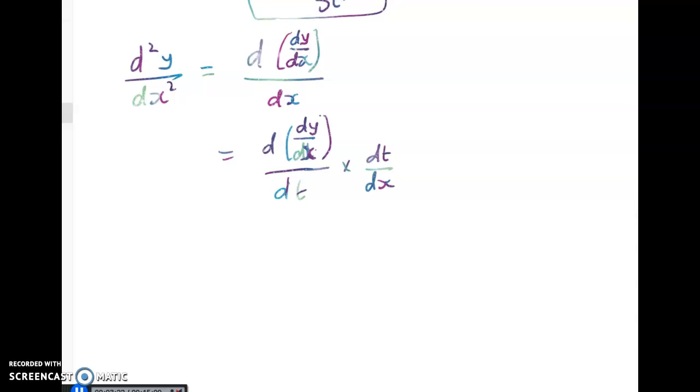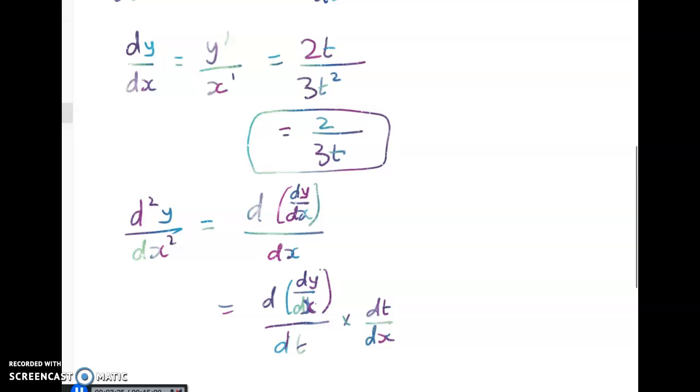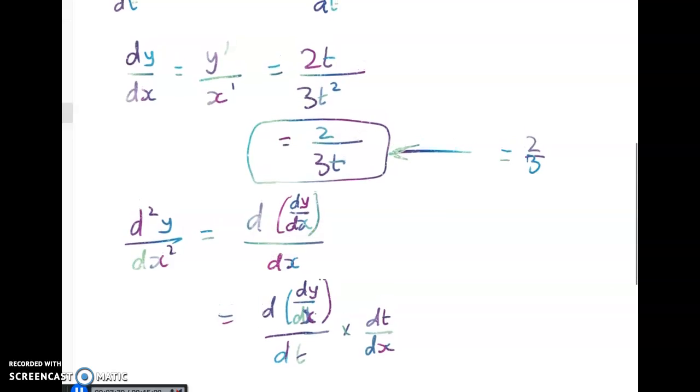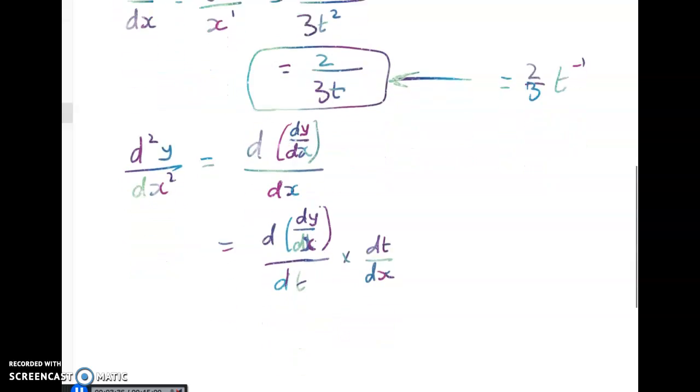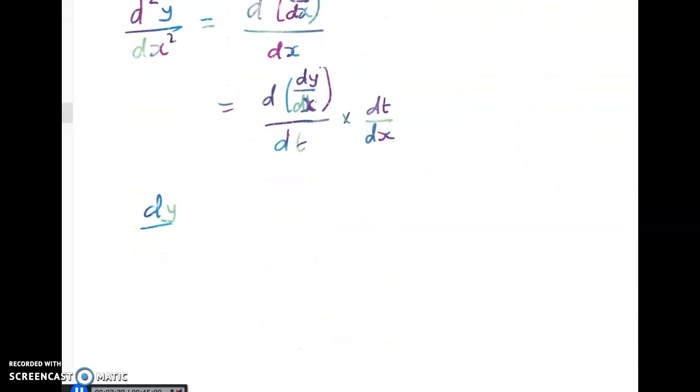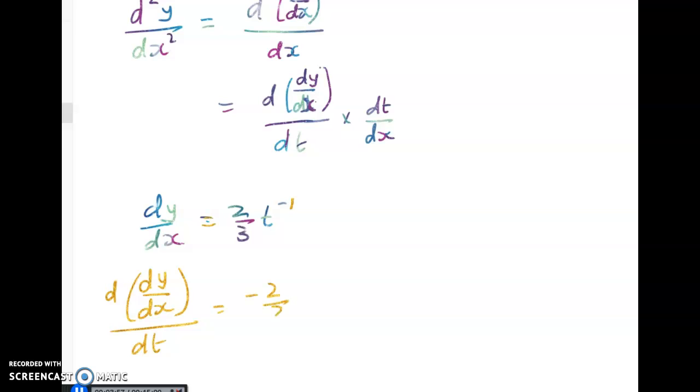So what was dy by dx? Well, dy by dx was up here. And so we can write that more sensibly as 2/3 of t to the negative 1. So this needs to be differentiated with respect to t. And that's really easy, right? It's just negative 2/3 t to the negative 2.